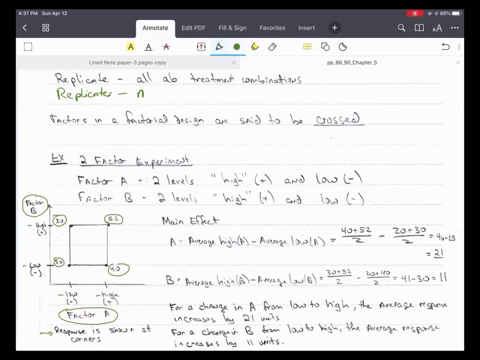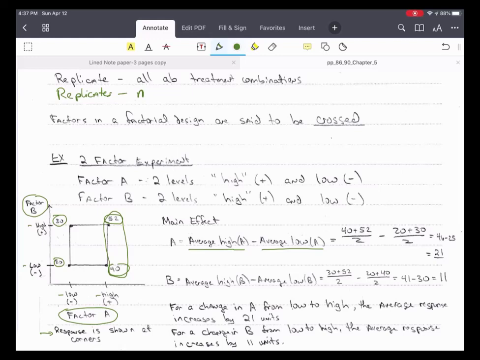So for a two-factor experiment, we can easily calculate our main effects. The main effect for A is going to be the average of the high of A minus the average of the low of A. So when A is high, that is the 40 and the 52.